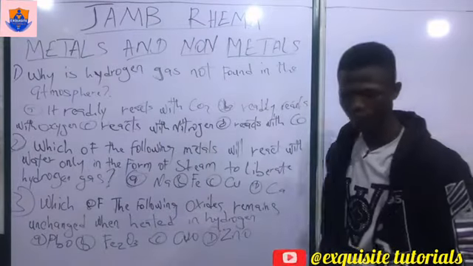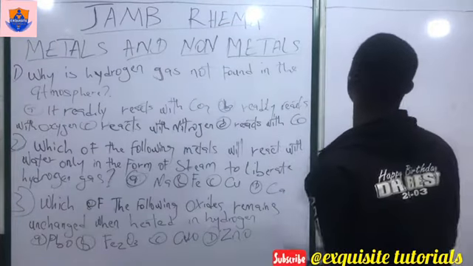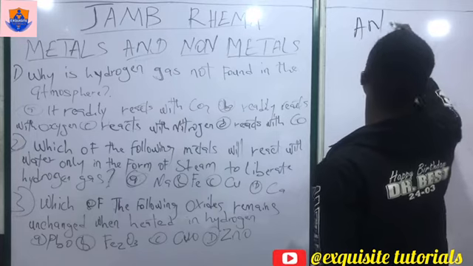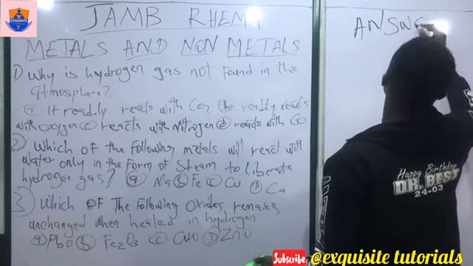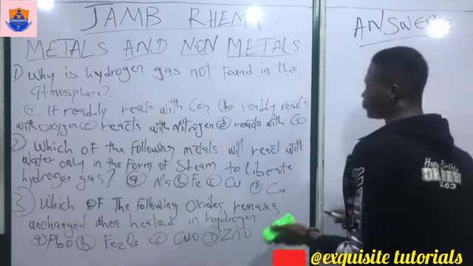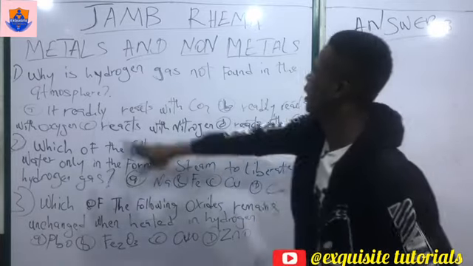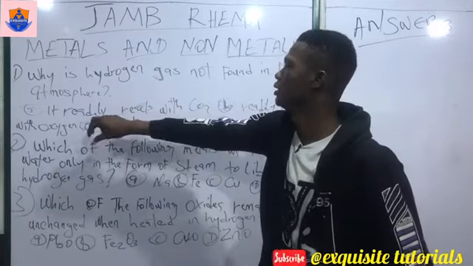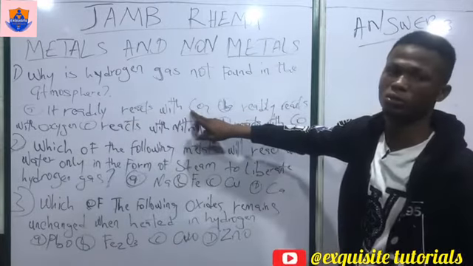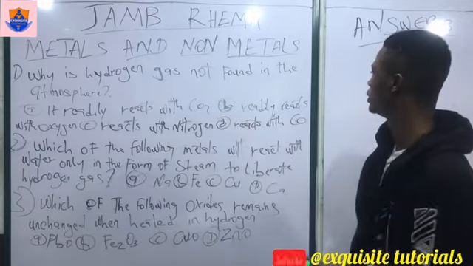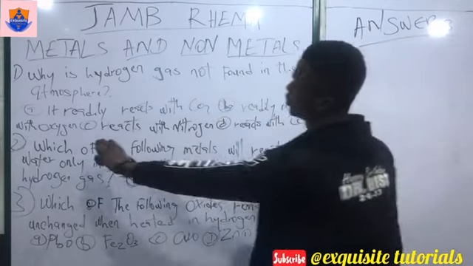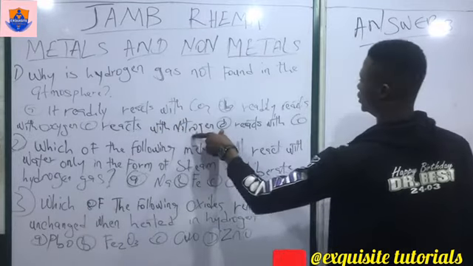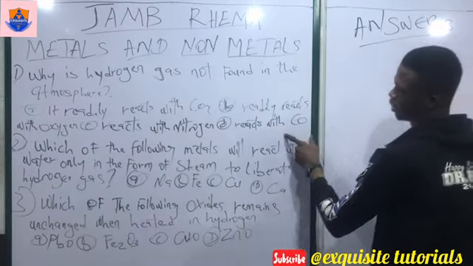Option A says it readily reacts with carbon 4 oxide. B says it readily reacts with oxygen. C says it readily reacts with nitrogen. D says it reacts with carbon monoxide.